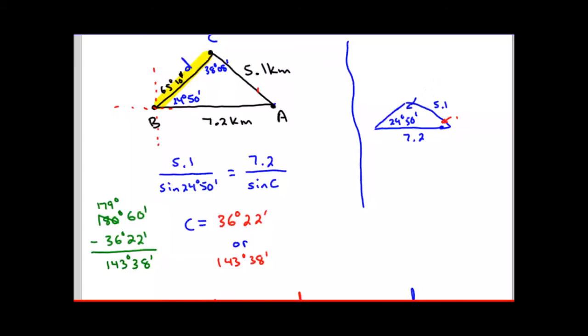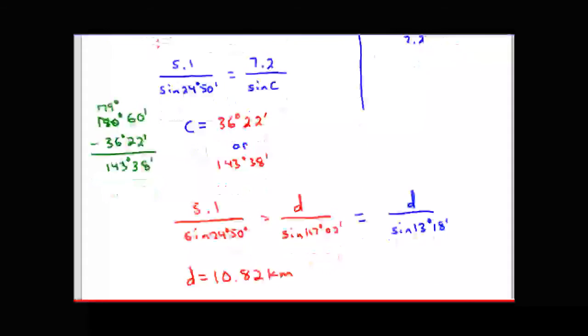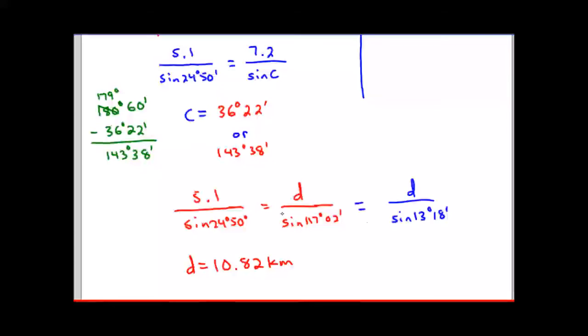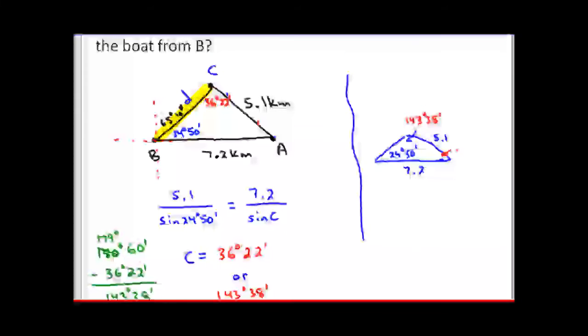It's going to change this. This angle here should have been 143 degrees, 38 minutes. And then up here, this angle should have been 36 degrees, 22 minutes. Which then, guys, when we came through and found these, we need to find this angle opposite.